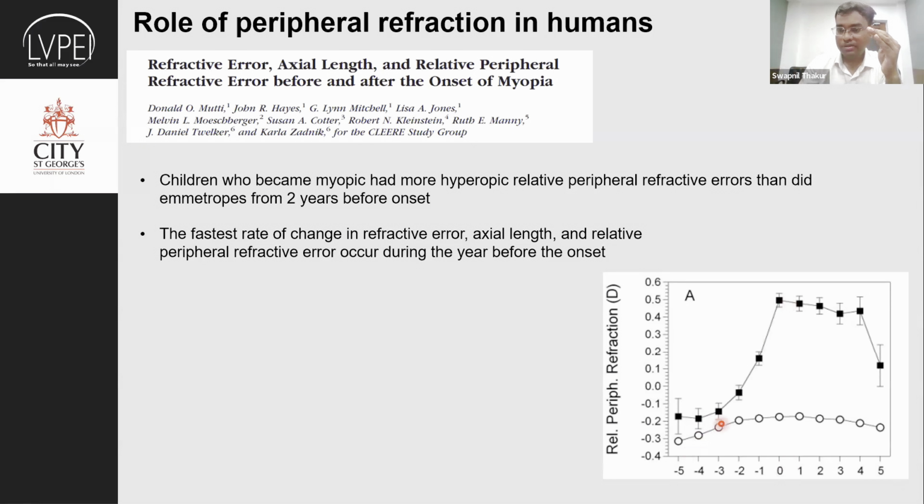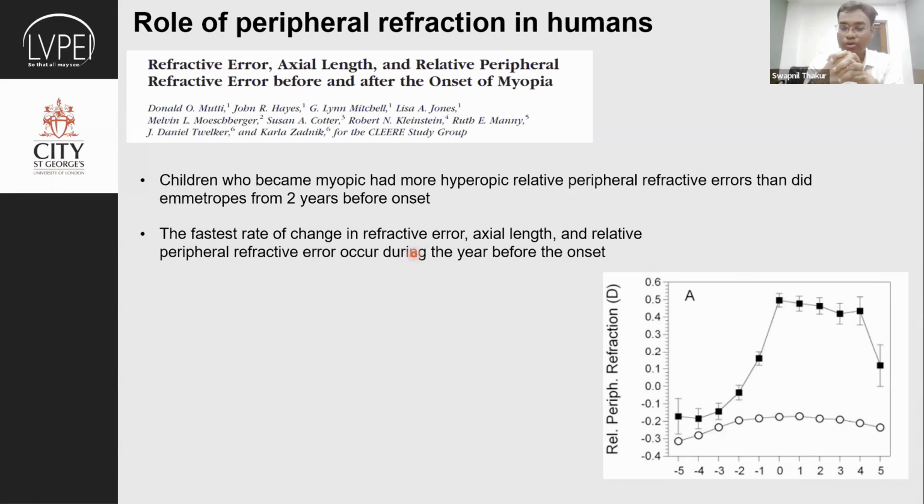When you compare the person who remained emmetropic, there was no change in the relative peripheral refraction. So this was one of the landmark papers which concluded that the children who became myopic had hyperopic relative peripheral refractive error even 2 years before the onset of myopia.